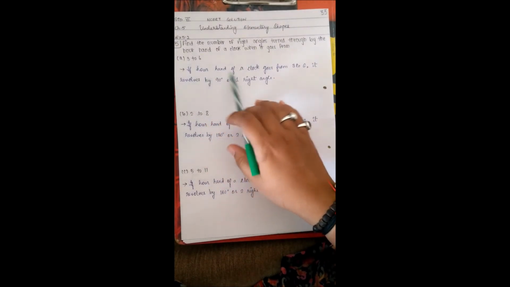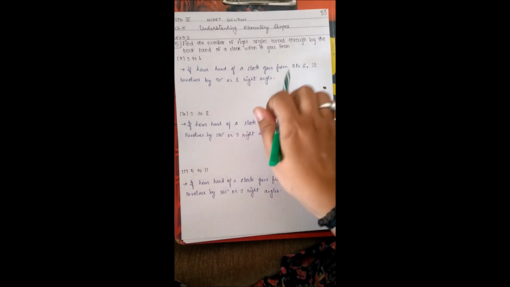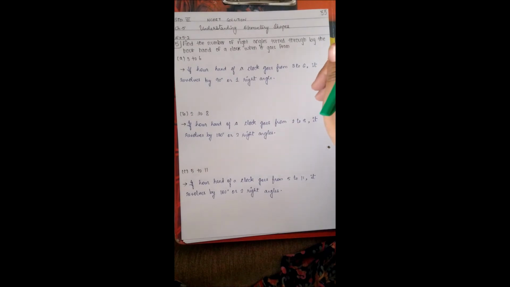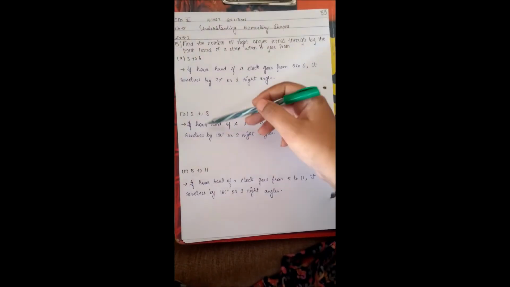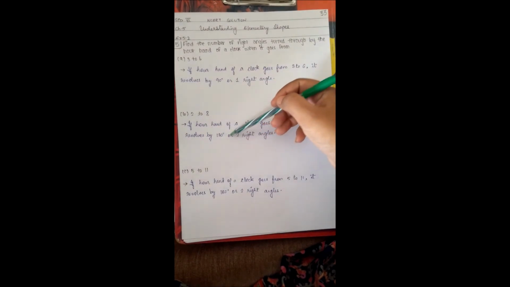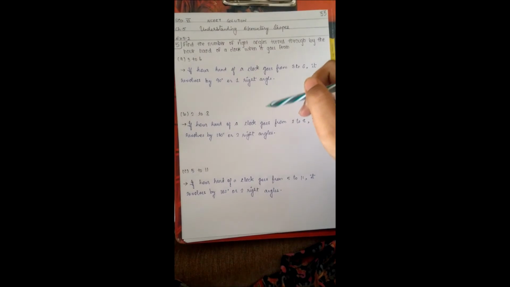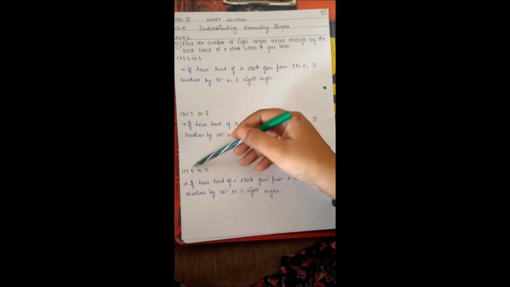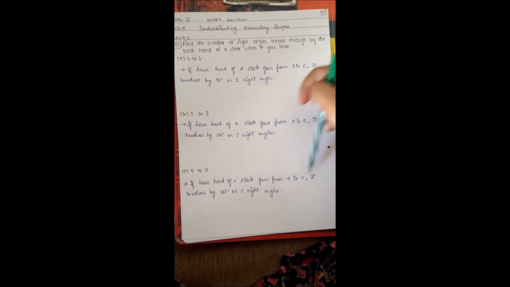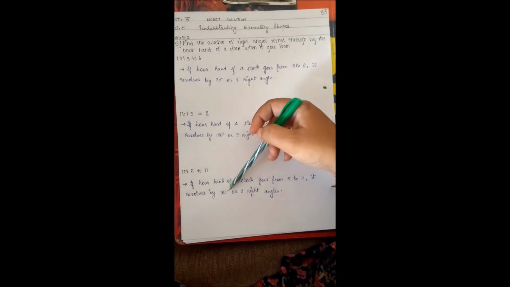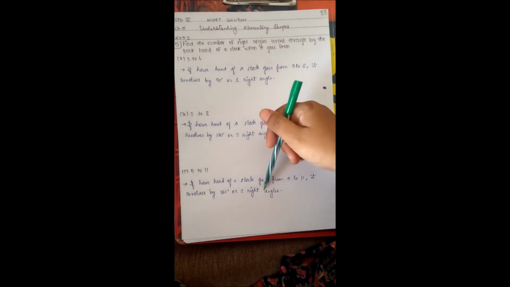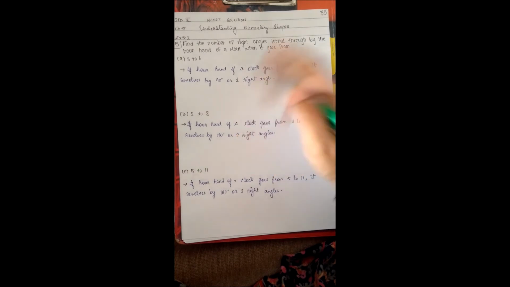If the hour hand of a clock goes from 3 to 6, it revolves by 90 degrees or one right angle. 2 to 8: if the hour hand goes from 2 to 8, it revolves by 180 degrees or two right angles. 5 to 11: if the hour hand goes from 5 to 11, it revolves by 180 degrees or two right angles. So these are the two right angles formed from 5 to 11.